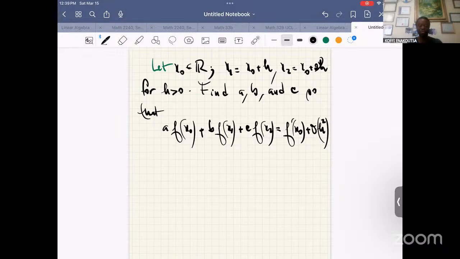So we want to determine three constants, A, B, and C, for which this relationship is true.